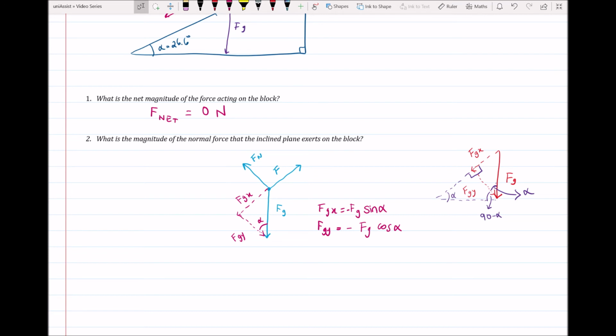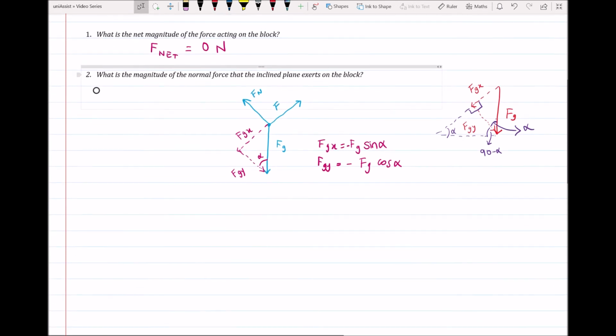So now we have resolved our forces, but what the question is asking for is what is the normal force? What is the magnitude of the normal force? To answer that question, my normal force is acting in my y direction, as you can see.